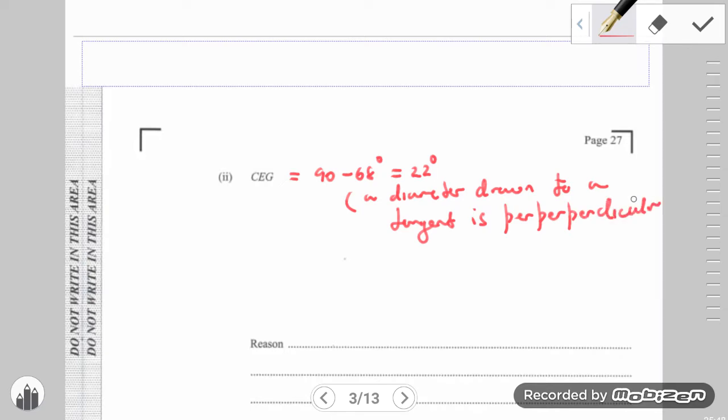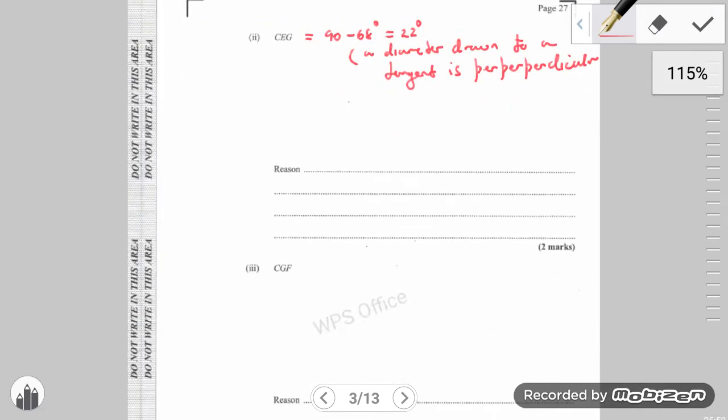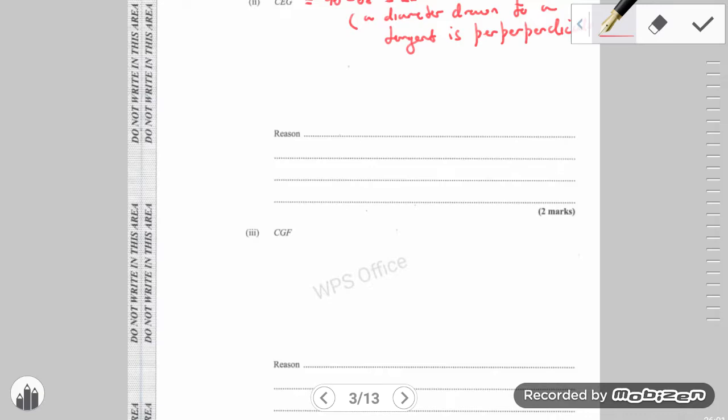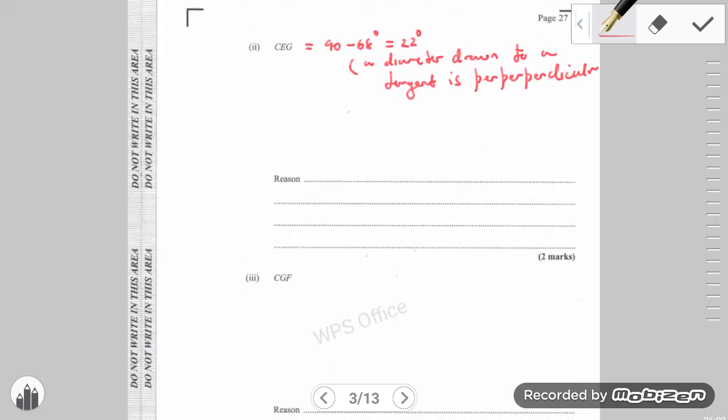And the word perpendicular indicates to the reader or the marker that the angle is actually equal to 90 degrees. So that is why we took the 68 from the 90. All right, that's not a bad question at all. So that was pretty good. And we found that very easy simply because we had observed the diagram before.